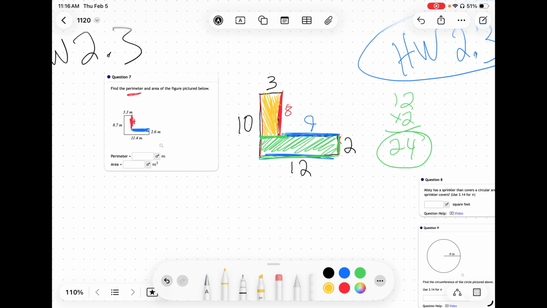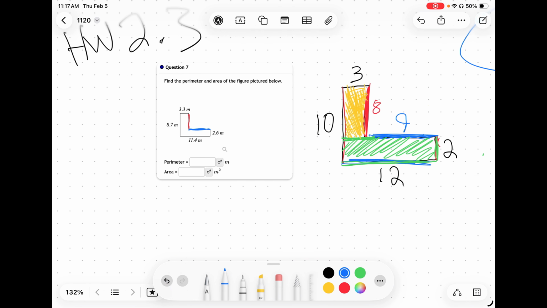I have to decide, am I going to use 10 or 8? 10 goes all the way down also into this green area, so that's why this 8 is going to be really useful. I can do this 8 times 3 for that yellow section. And 8 times 3 just happens to also be 24. Now I can add my yellow section plus my green section, and my area for this problem would be 48.